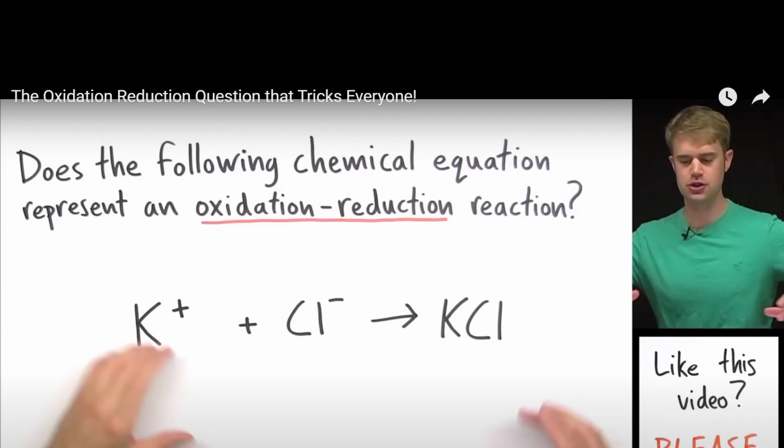So the oxidation number over here is +1. How about chloride? Over here it is -1. Over here the oxidation number is -1. Has anyone lost or gained electrons in this process? No, there's been no change of oxidation number.